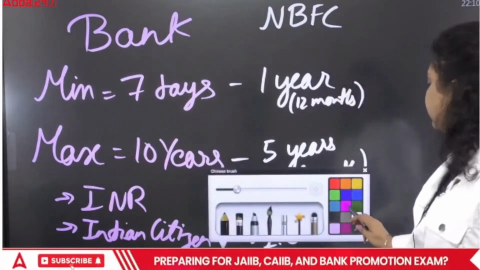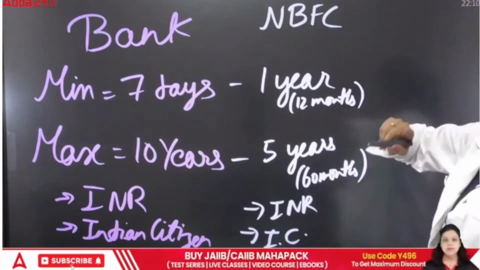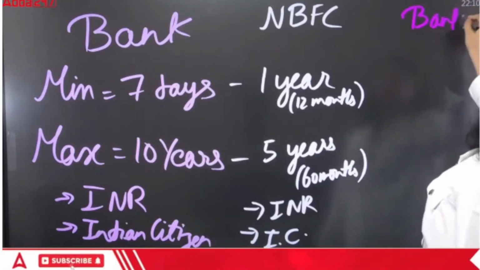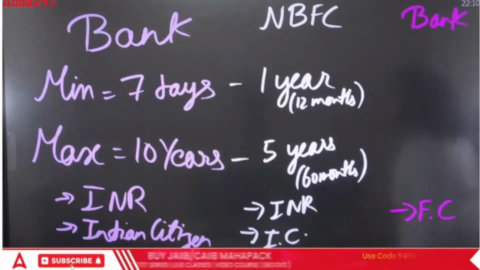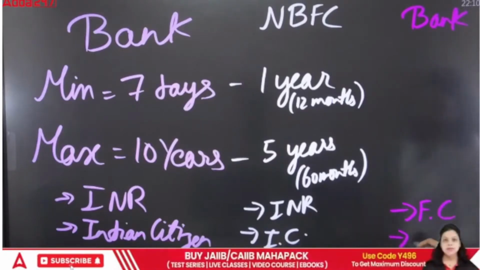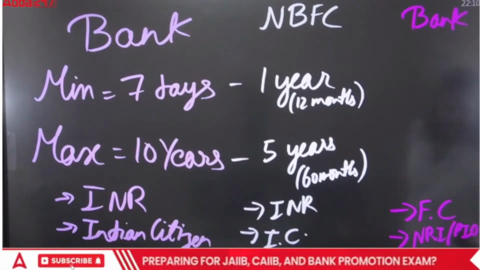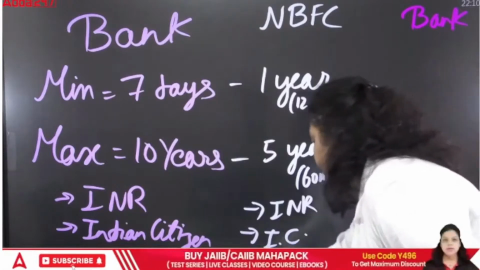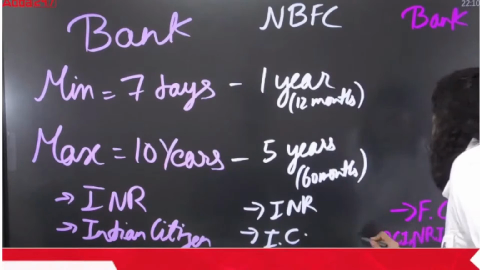Now, the third case we have, that is FD in foreign currency. And the FD will be in a bank. You are having an FD in a bank, but the FD will be in the foreign currency, FC, and it will be maintained by the NRIs, PIOs, person of Indian origin, and OCIs. What does OCI stand for?